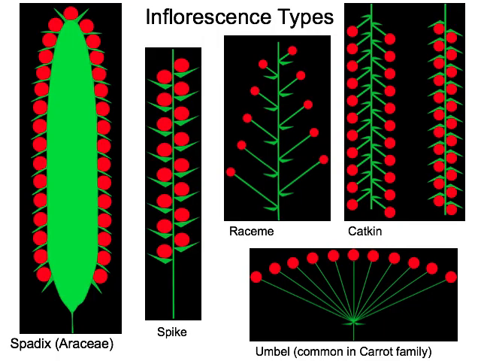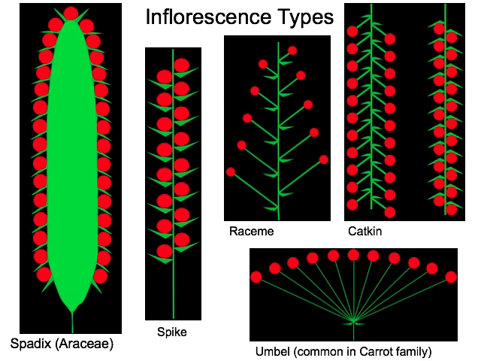Flowers occur on flowering stems that are called inflorescence types. And these inflorescences can be broken down into many different categories. This is just a few of them. A spadix is common for members of the Araceae. That includes things like the Titan arum and philodendron. They often produce these swollen flowering stems that produce lots of little flowers.